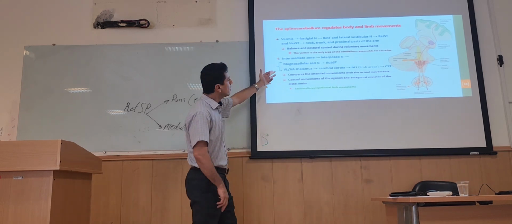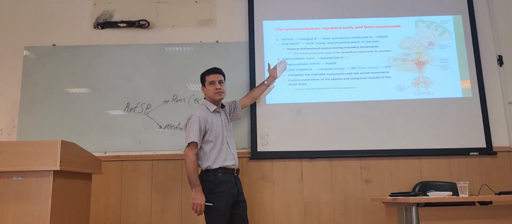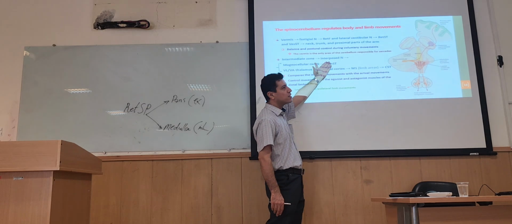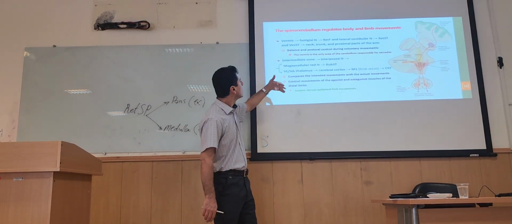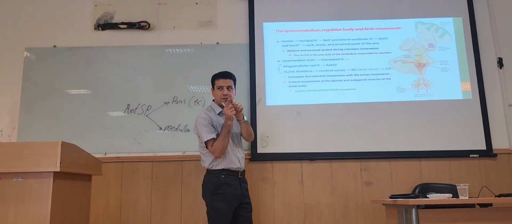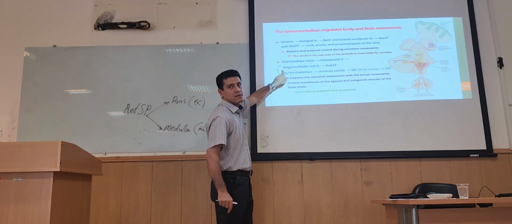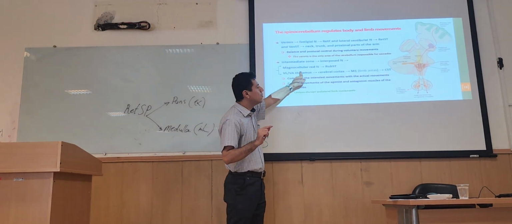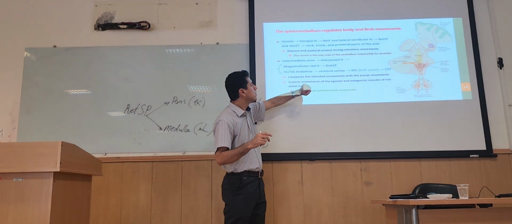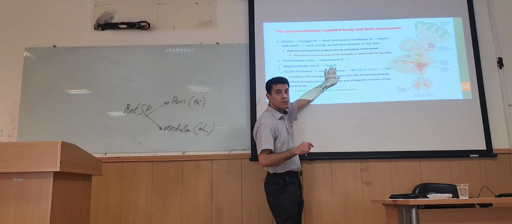Let's see. From the intermediate zone, we have input to the interposed nuclei. From the interposed nuclei, we have two pathways. One goes to the magnocellular part of the red nucleus, which is the origin of the rubrospinal tract.